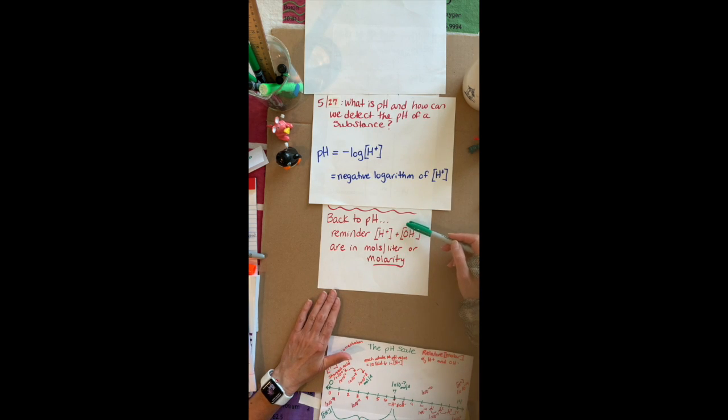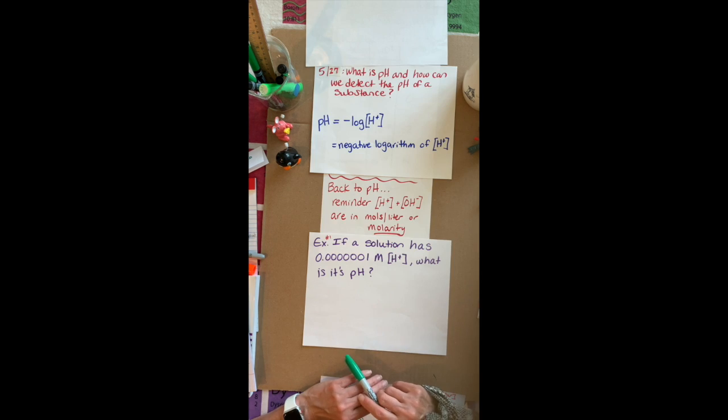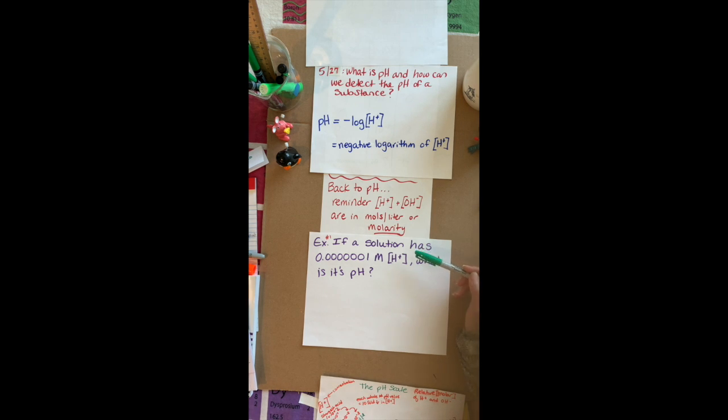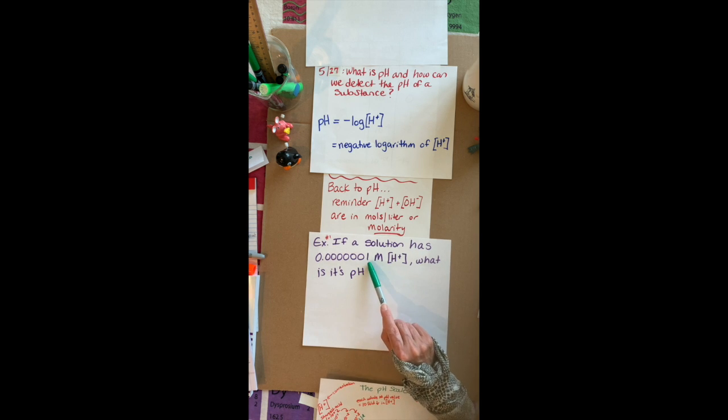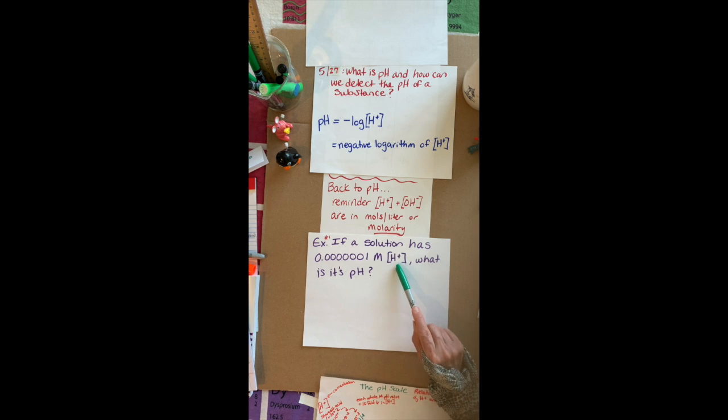So let's go back and think about our pH definition. Always remember that hydrogen ion concentrations and hydroxide ion concentrations are in moles per liter, or molarity. And let's look at an example of a pH problem. If a solution has 0.0000001 molar hydrogen ion concentration, what is its pH?